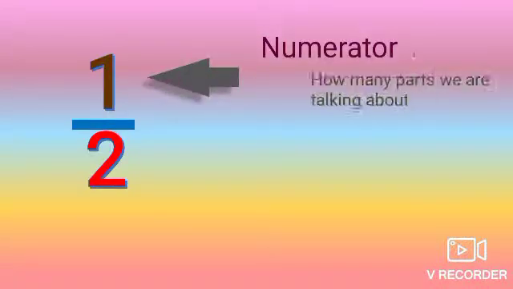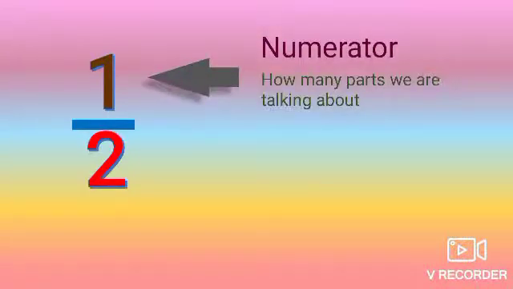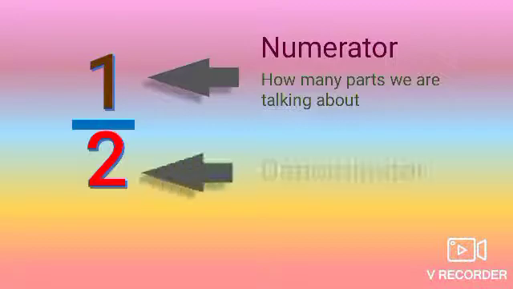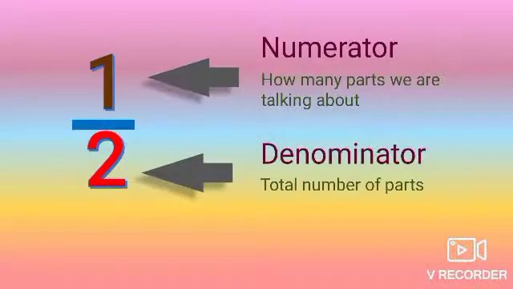1 upon 2. Again I am going to repeat the same thing for you students. So that concept is cleared by you. This 1 upon 2, that means 1 in the numerator place you have to write how many parts we are talking about and at the place of denominator you are going to write total number of parts.